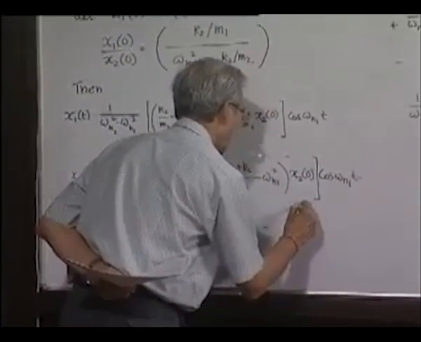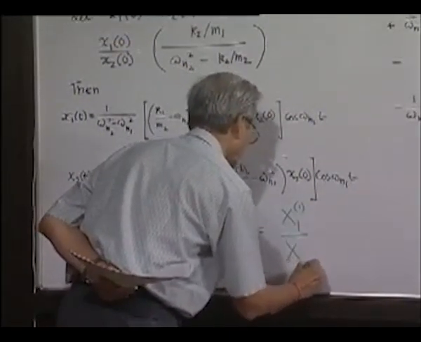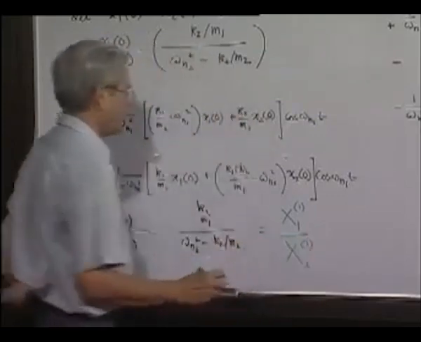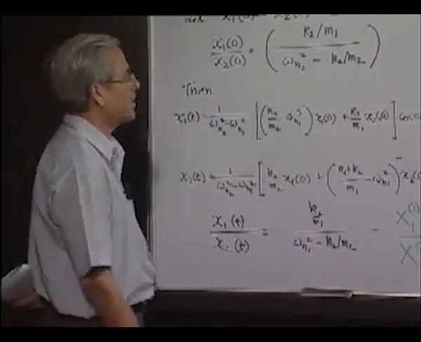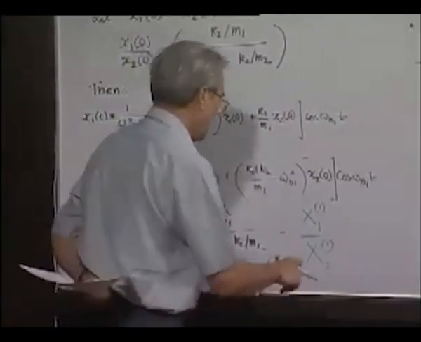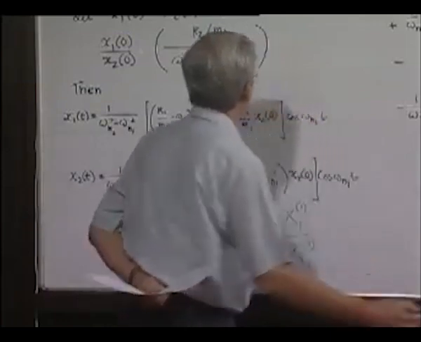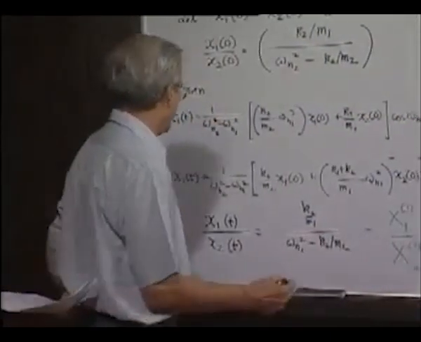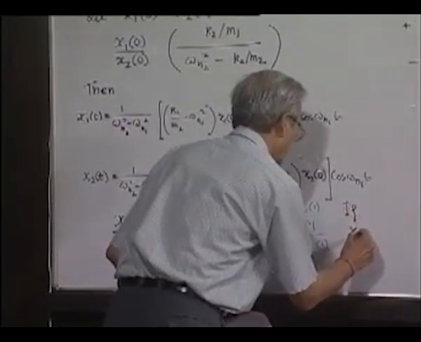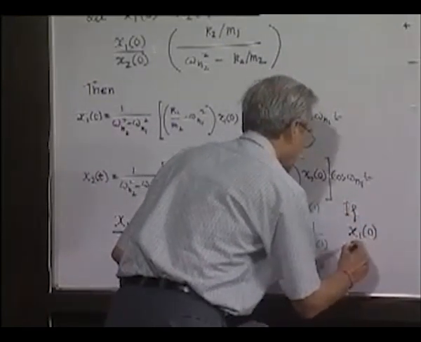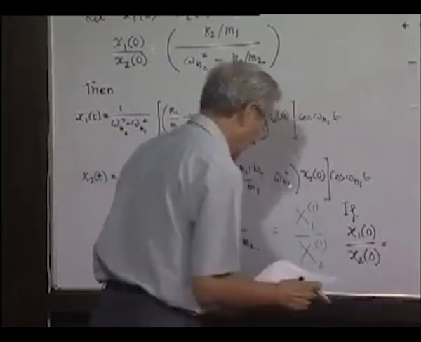That means always the ratio of the two will be this fixed quantity. That means the shape is given by these two ratios x1. So this is the first mode, and so this is nothing but x1 in the first mode by x2 of the first mode. And this is the first mode shape. The frequency is omega n1.